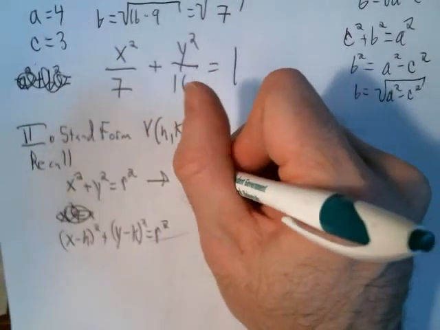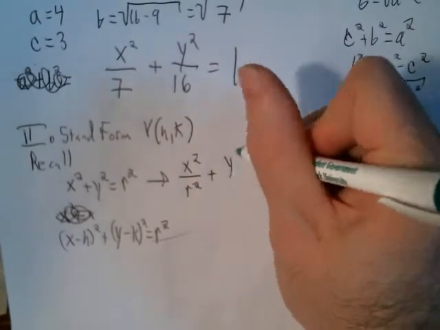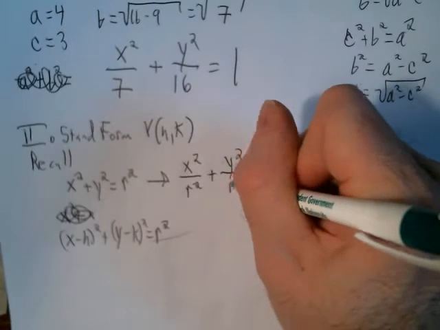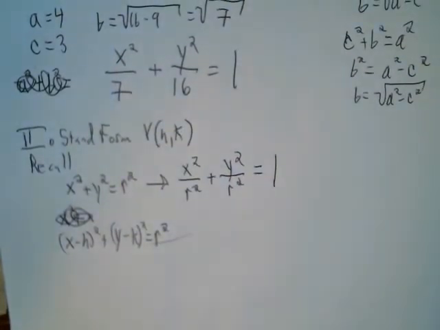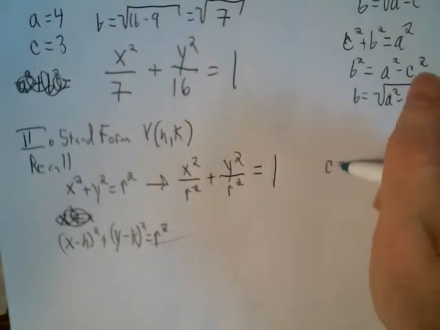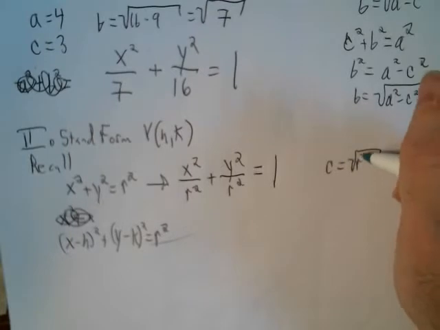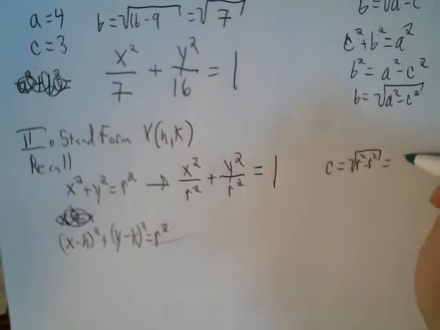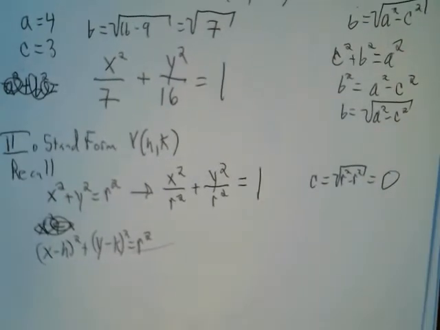If you divide both sides by r squared, you get this formula. And then the c value, of course, will be 0. So that's kind of interesting, right? r squared minus r squared, the c value is 0. So a circle is just an ellipse such that the c value is 0.